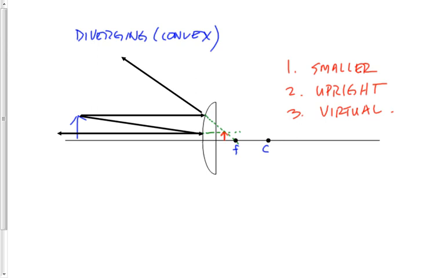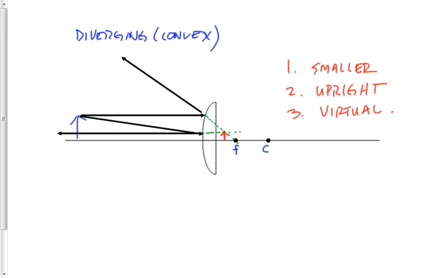In all 5 cases, it will be smaller, it will be upright, and it will be virtual. Now, it may be bigger than the first diagram, but it won't be bigger than the object. It may be smaller than the first diagram, but the characteristics of the image will still be the same. Proportions different, but characteristics or attributes still the same.